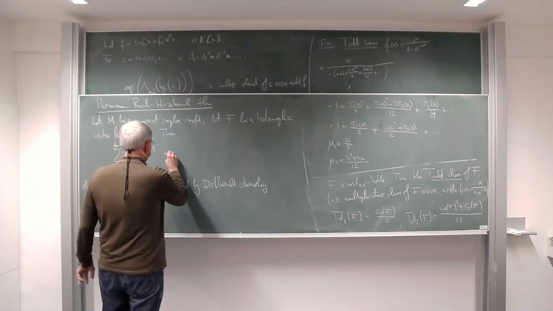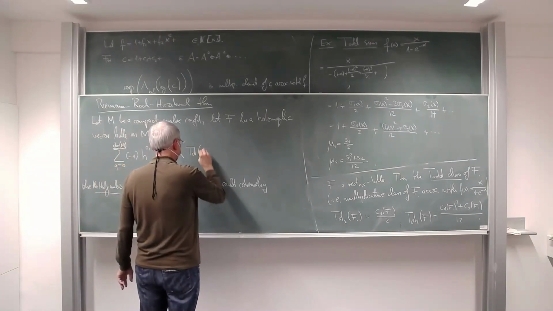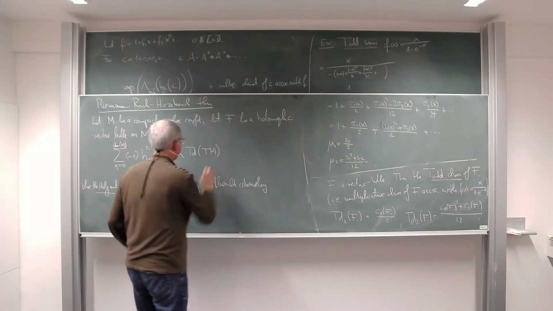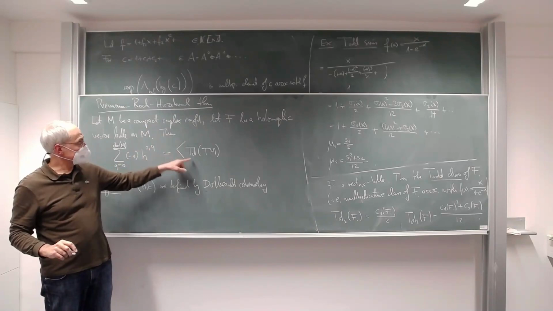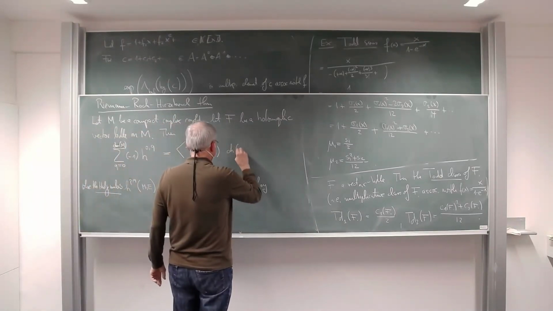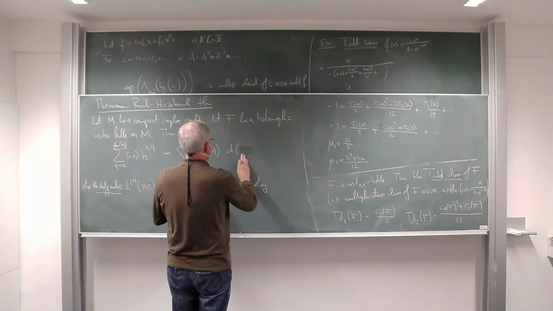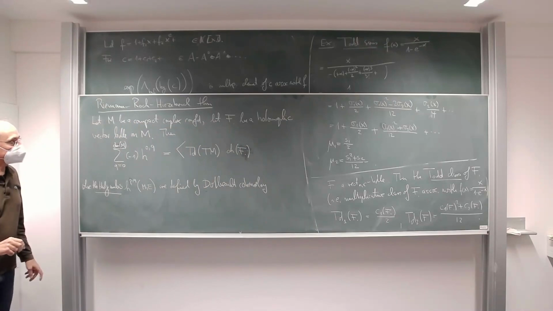And this one can be expressed as follows: you take the Todd class of the tangent bundle of the manifold. It's a complex vector bundle because it's a complex manifold, so this Todd class is defined. You multiply this by the Chern character of this holomorphic bundle F that you have here in addition to that.